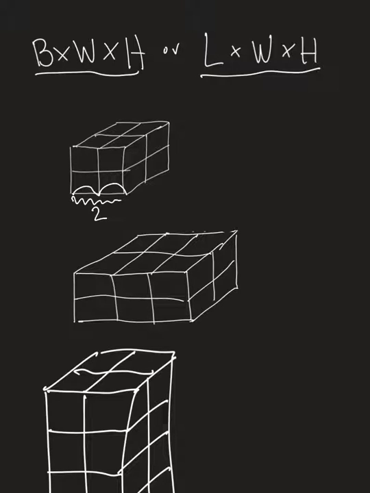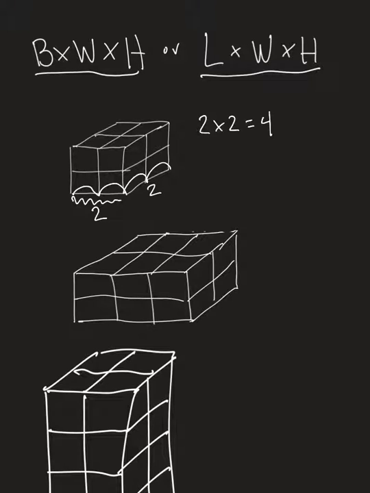The next one is the width. So 1, 2. The width for both of them is the same. So this is base times width, or this is length times width. So 2 times 2 is how I'm going to solve that, and 2 times 2 gives me 4.